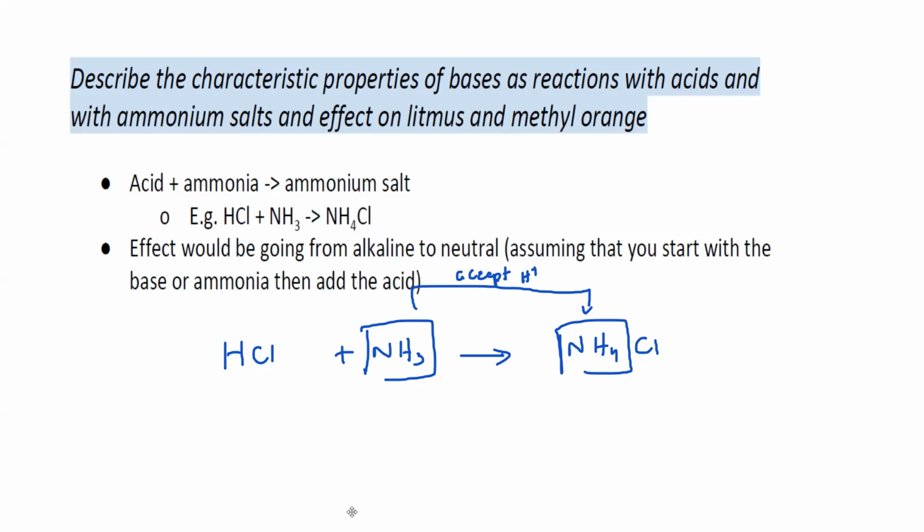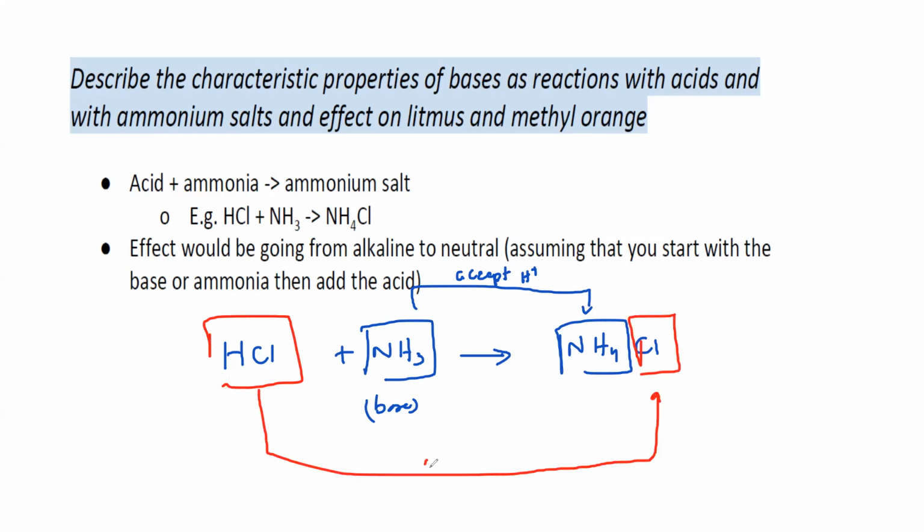Whenever a substance accepts a proton, we call it a base. And HCl turned into Cl only, so it donates a proton, or donates an H plus ion. We call that an acid. So acids are proton donors and bases are proton acceptors.